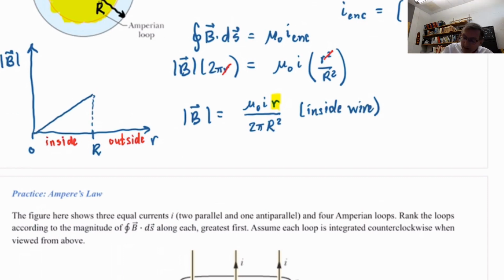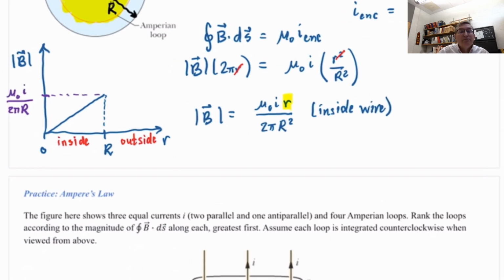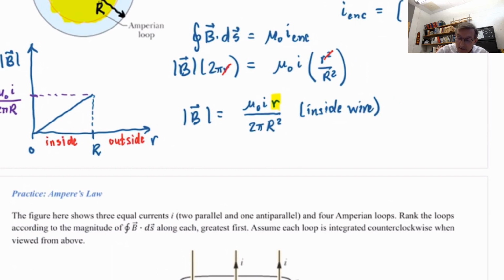All right. And then over here, that's the B value when you are at the surface. When I put in little r equal to big R, I get mu 0 I over 2 pi big R. You're right at the surface of the wire.